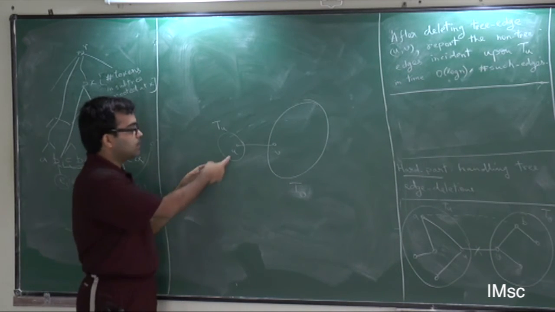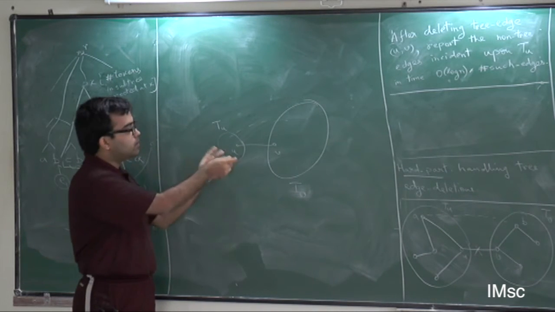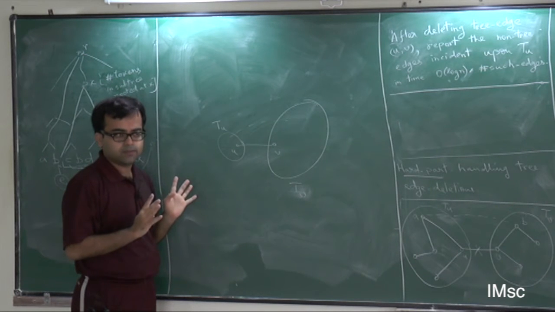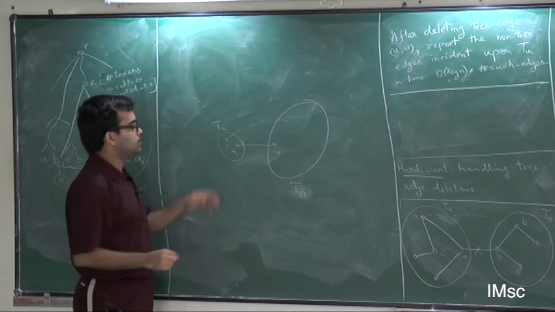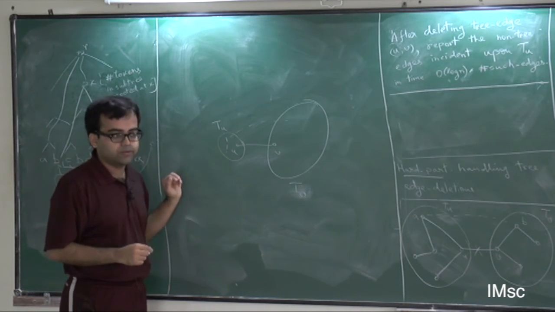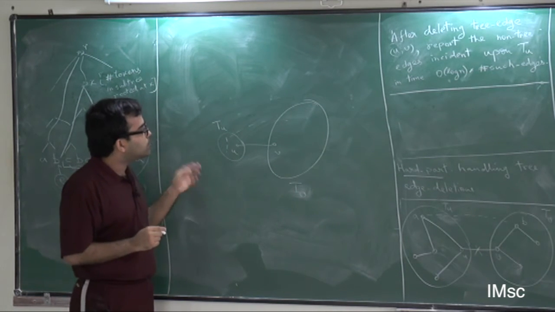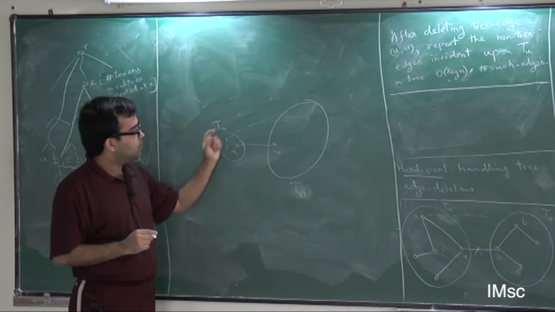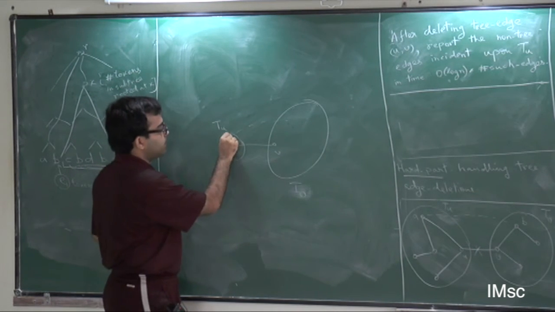First, you just ask your data structure, give me all the non-tree edges incident upon T U, that it can give. But the point is that many of those edges might be a waste, because both of the endpoints belong to T U. But you just parse through this list, and the moment you find one edge that is going out of T U, whose other endpoint lies in T V, you just pick that edge.